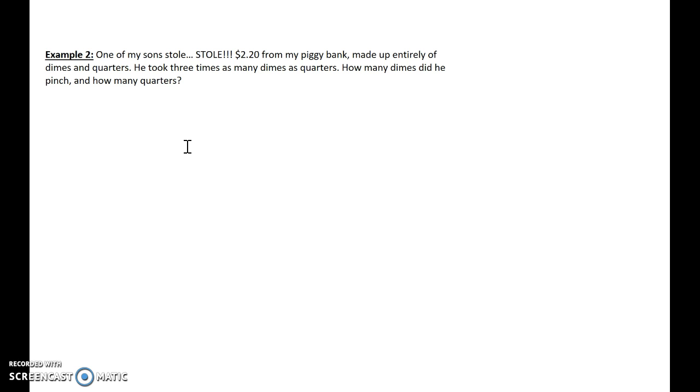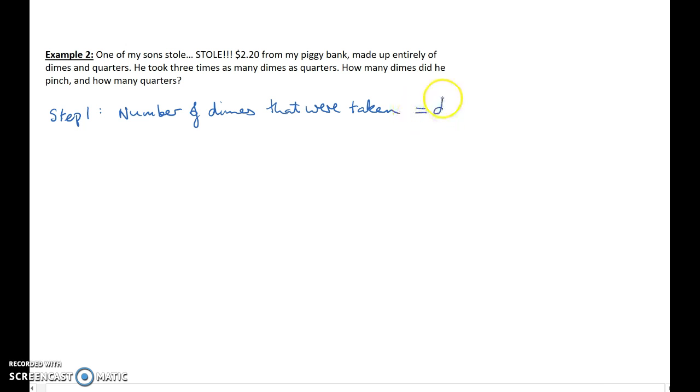Okay, so again, let's go back to the steps. In the first step, just to go through it again, identify the 2 unknowns. Well, that's given to you in the last line of the question. So we're going to start off by saying the 2 unknowns are the number of dimes that were taken, let's call that D, and the number of quarters that were taken.